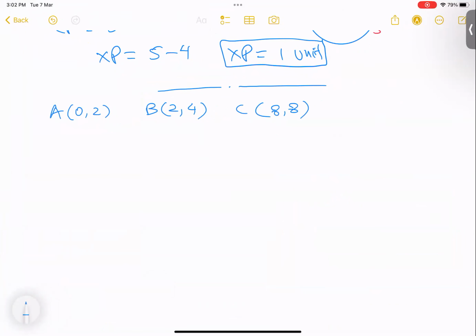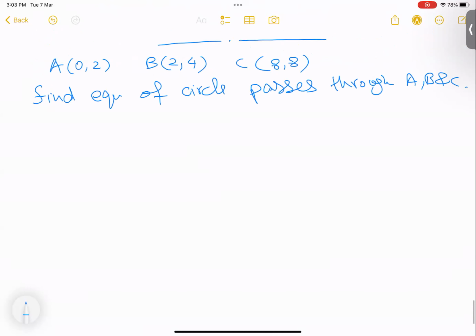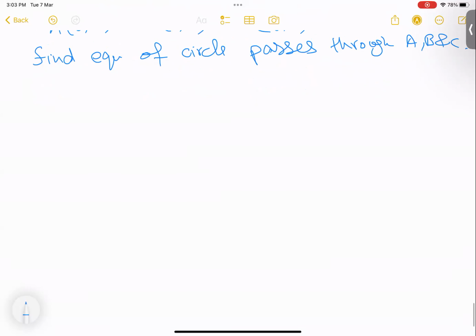So let's start. But before starting, I have to recall one concept which is very, very important, and then I will go back to the question. Recall the topic of perpendicular bisector. Whenever two points lie on a circle, I draw a chord.